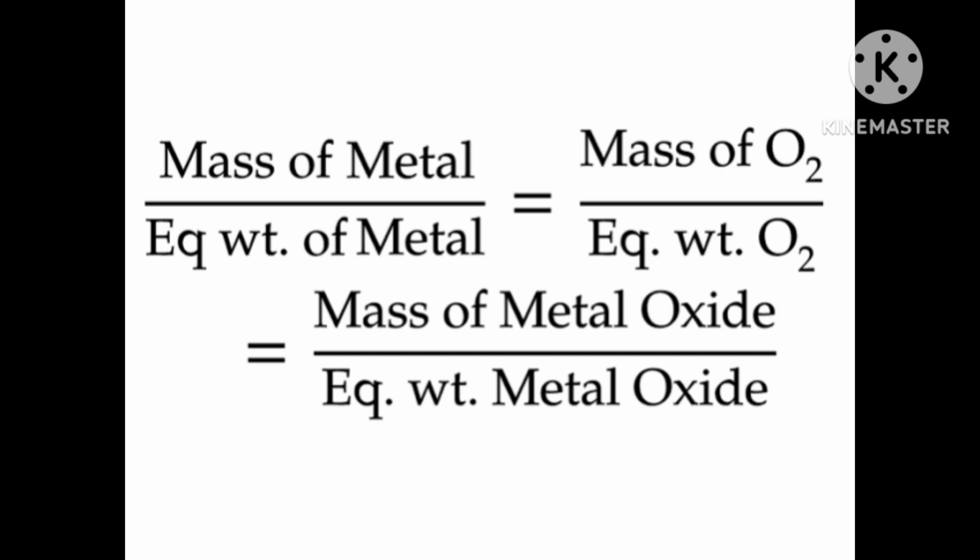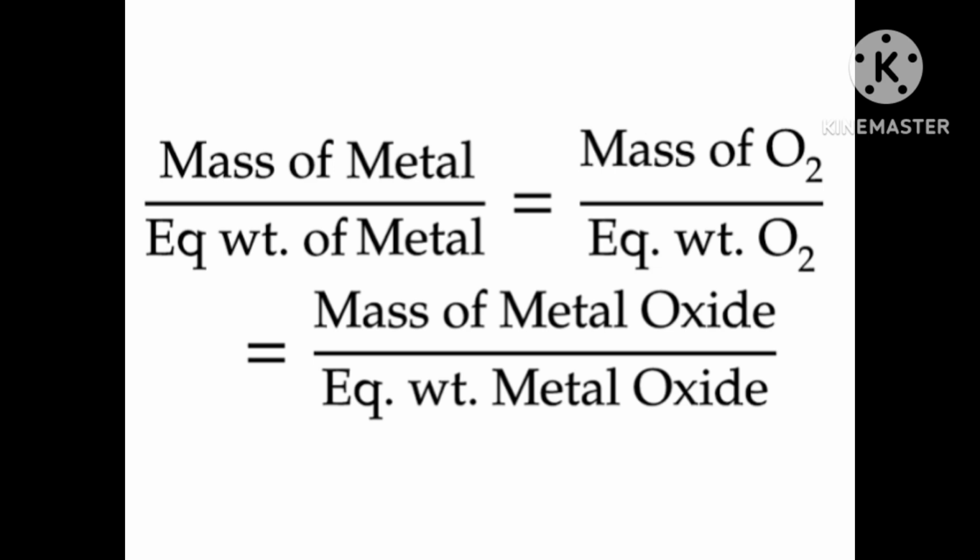Equivalent weight is different, electrochemical equivalent is different. How both are related, I will tell you. I told you 1 Faraday will deposit 1 gram equivalent of the substance. Now you just learn electrochemical equivalent.